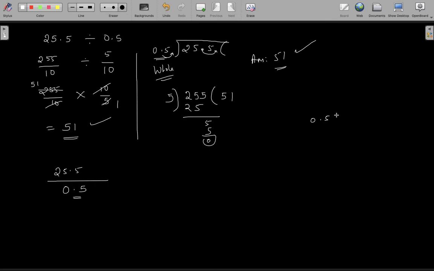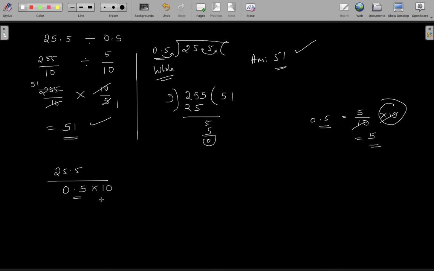Now 0.5 means it is 5 by 10. 5 by 10 when it is multiplied by 10 will give you 5, isn't it? I am able to convert this 0.5 into a whole number when I am multiplying it by 10, isn't it?